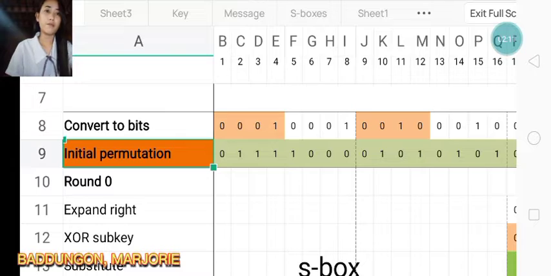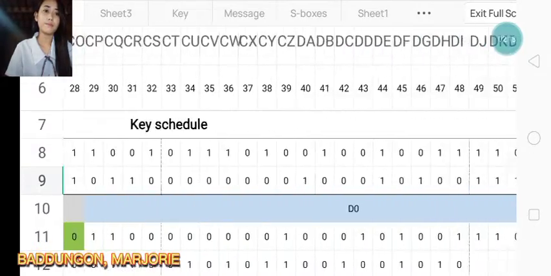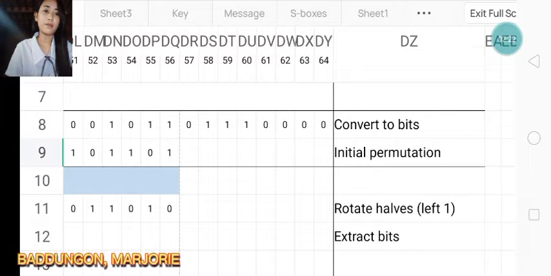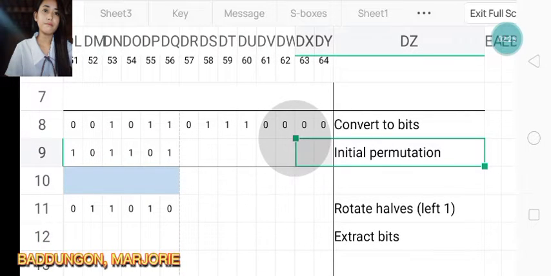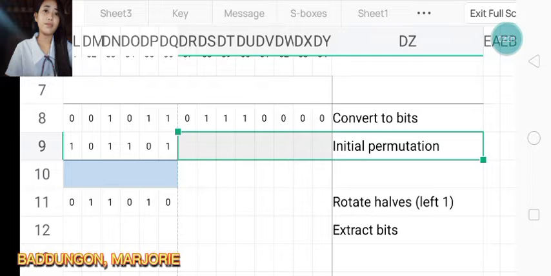The binaries from the converting to bits row, which has become a 16-bit binary, will be a 15-bit binary because of the initial permutation, by rearranging it in a specific way, or by taking off 1 bit from the binaries, so that we can have a result of only 15 bits.